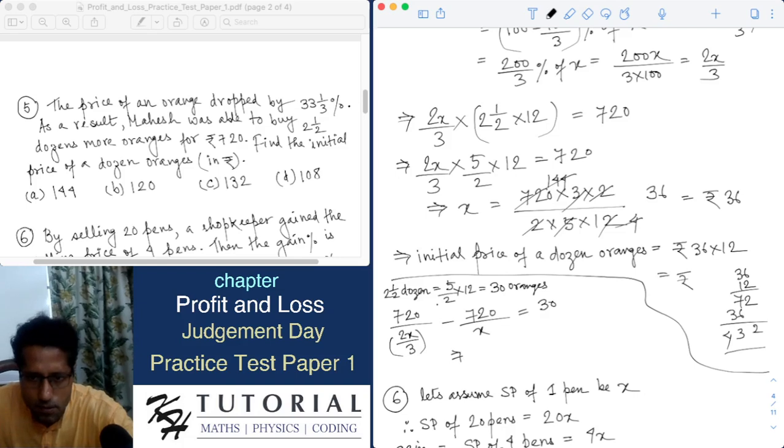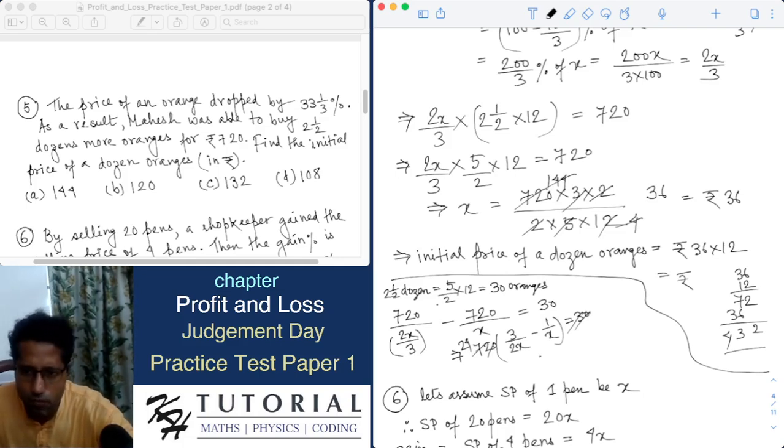This implies, if I take 720 common from the left hand side, I get 3 by 2x minus 1 by x equals 30. 0, 0 cancels, and I can divide 30 with 120 with 6, 4, 24.